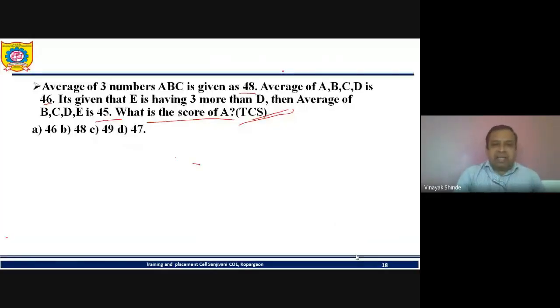The average of 3 numbers A, B, C is given as 48 and the average of A, B, C, D is 46. It's given that E is 3 more than D, then the average of B, C, D, E is 45. What is the score of A?